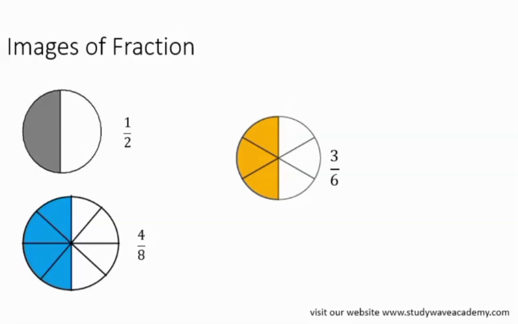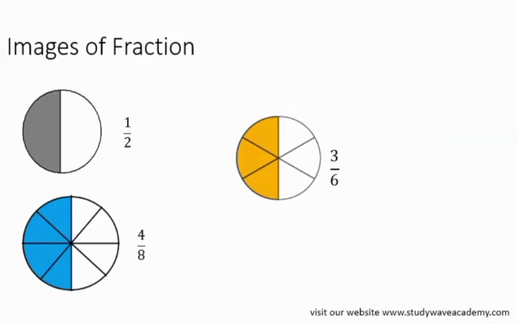Very good. Now the last one says 4 over 8. If we count inside the circle, we see that it is divided into 8. That's why the denominator is 8, because it represents the whole object.